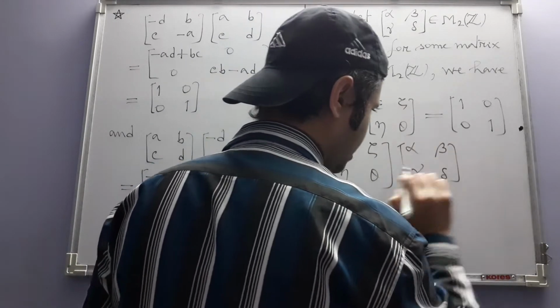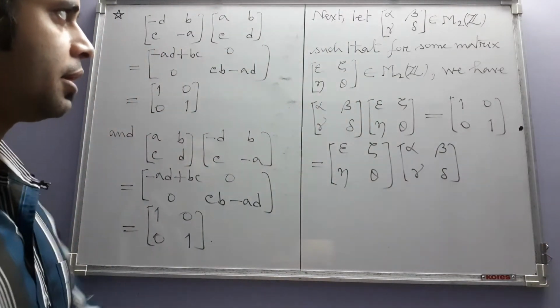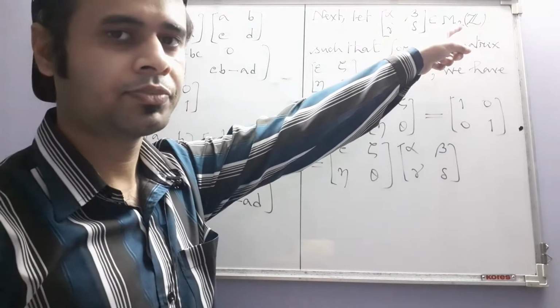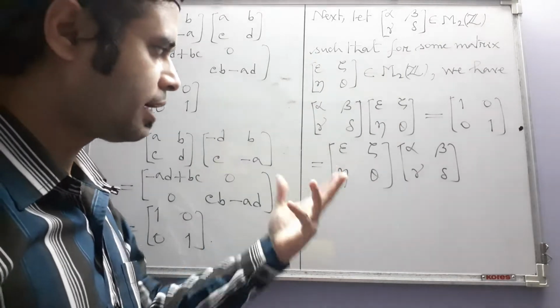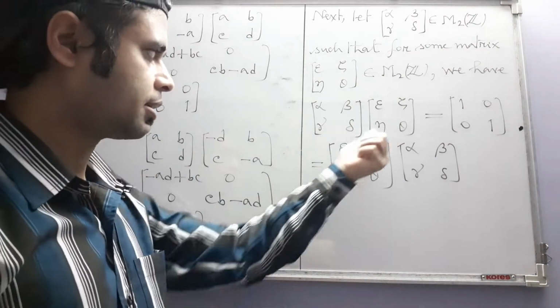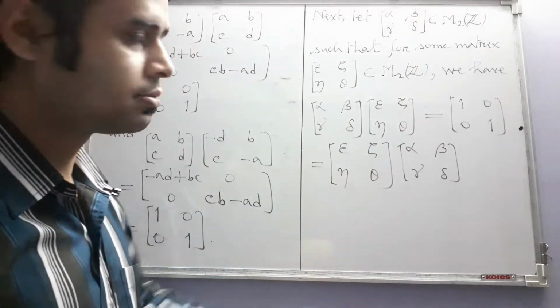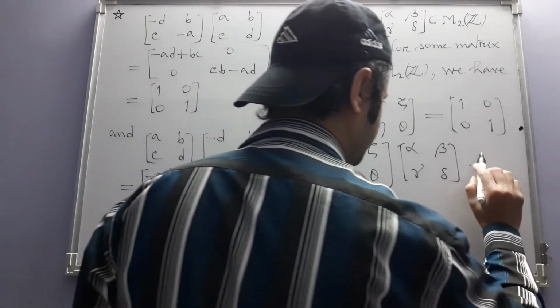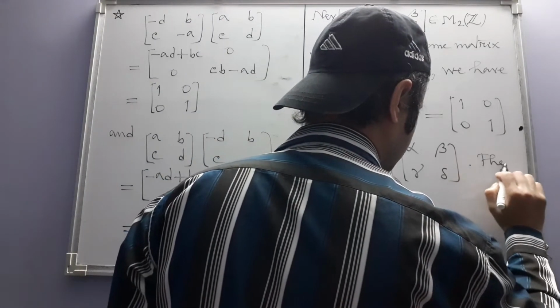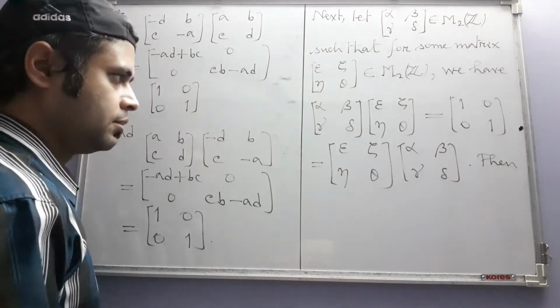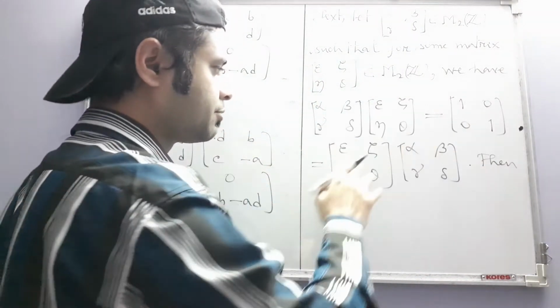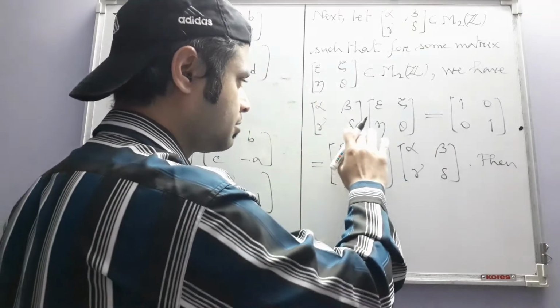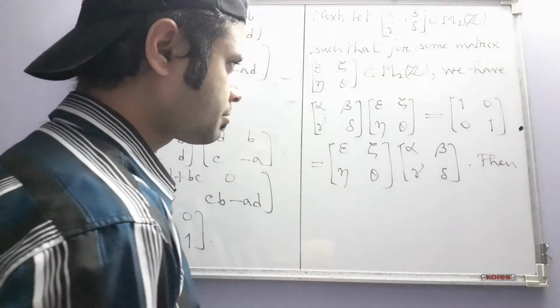So now what we are assuming, we have assumed a matrix in our ring that has a multiplicative inverse, and that inverse is this. Then we can use only one of these equations, say the first one.